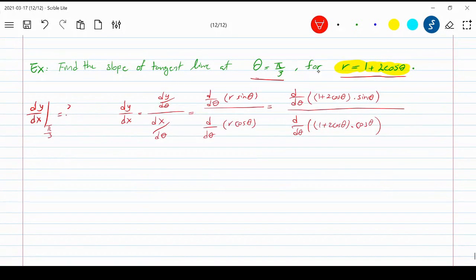So take the derivative of each one separately. You don't need to apply the quotient rule. Just the derivative of the numerator divided by the derivative of the denominator. So d over d theta of 1 plus 2 cosine theta times sine theta.